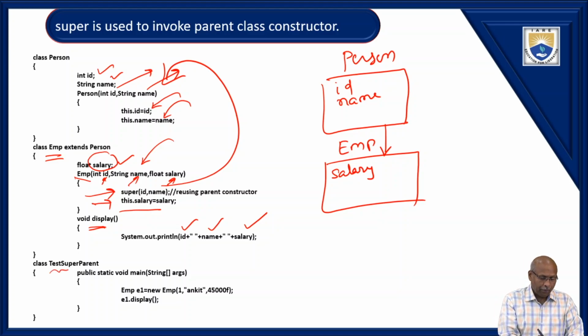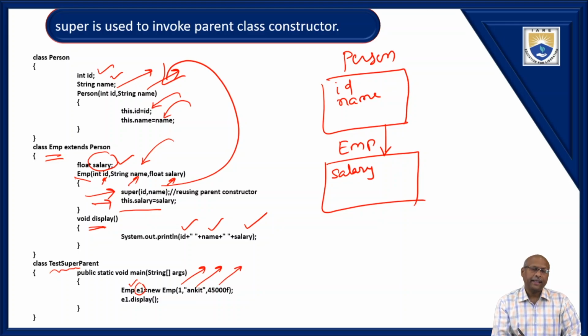Similarly, I want to create an object in the test super parent class. This is my class name. Now I want to create an instance. EMP is the class, E1 is the object. To this E1 object, I am passing three data: first is employee ID, second is name, and third is salary.